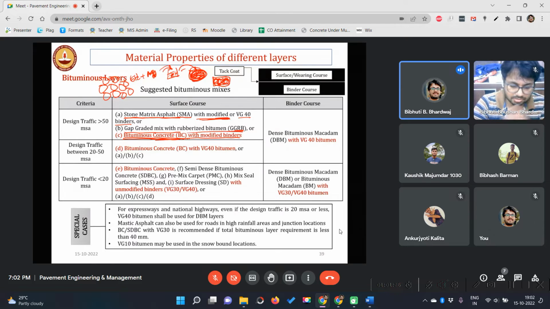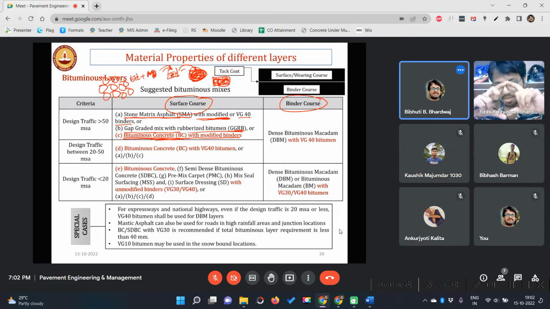If you see, this is for surface course, this is for binder course. I also discussed this in our first class itself. There can be different layers, right? Surface course and binder course both are the same, but since the load is getting distributed, you can afford to have inferior quality materials just to cut down the cost.